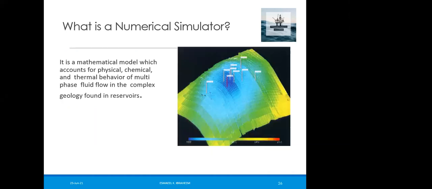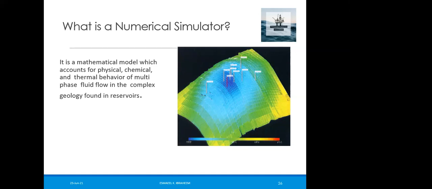What is a numerical simulator? Again, it is a mathematical model which accounts for the physical, chemical, and thermal behavior of multi-phase fluid flow in the complex geology found in the reservoir.